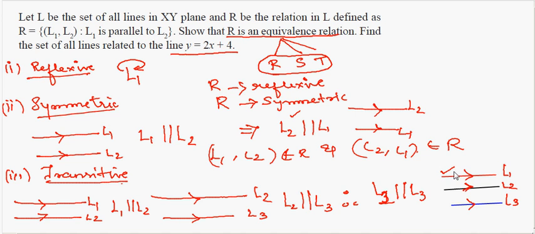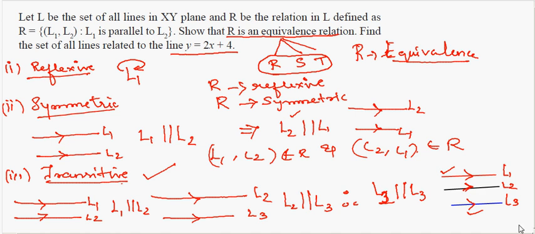Therefore L1 is also parallel to L3, which belongs to the relation. So I can say R is an equivalence relation, because it holds good for all three: reflexive, symmetric and transitive.